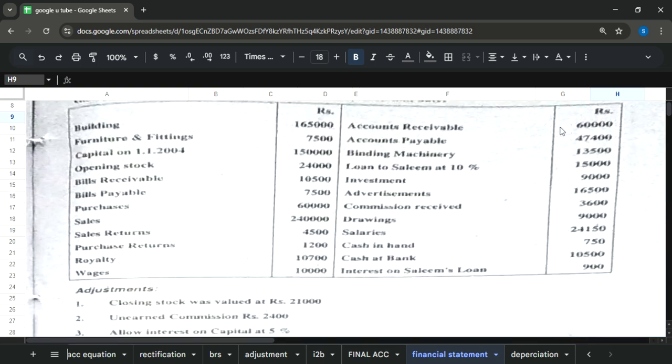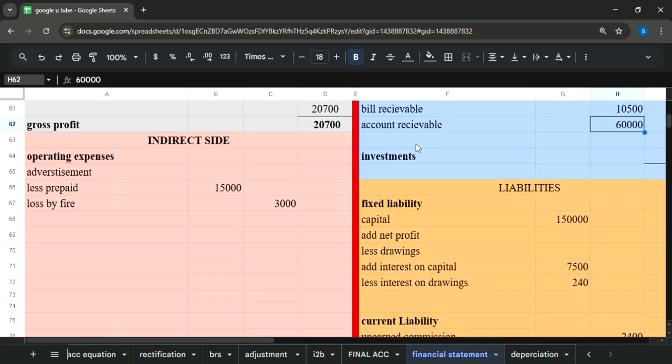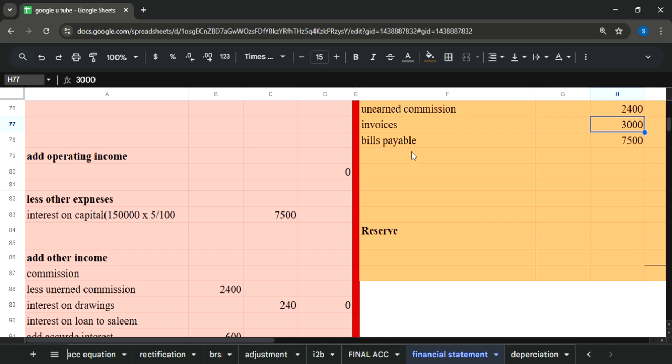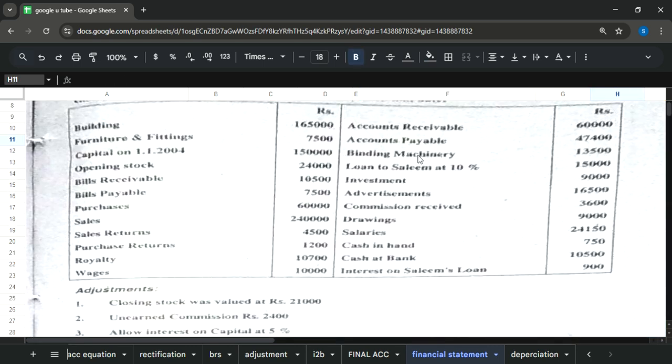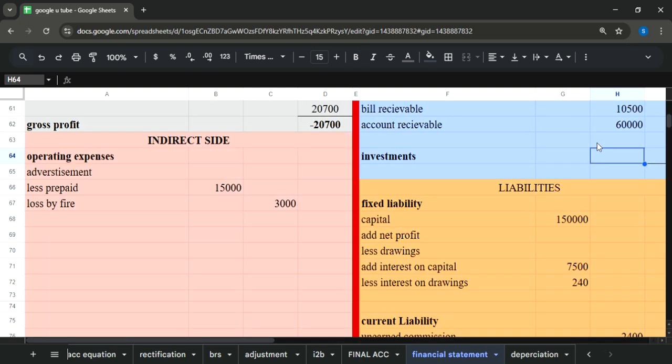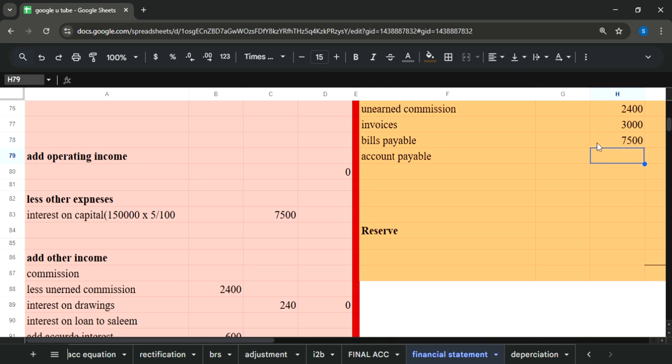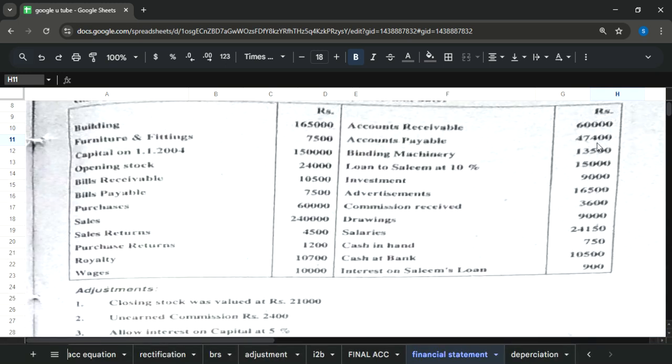After account receivable we have account payable, current liability, and here you will mention account payable. Let its spelling be okay. Amount of account payable is 47,400, and you will write 47,400 as account payable.